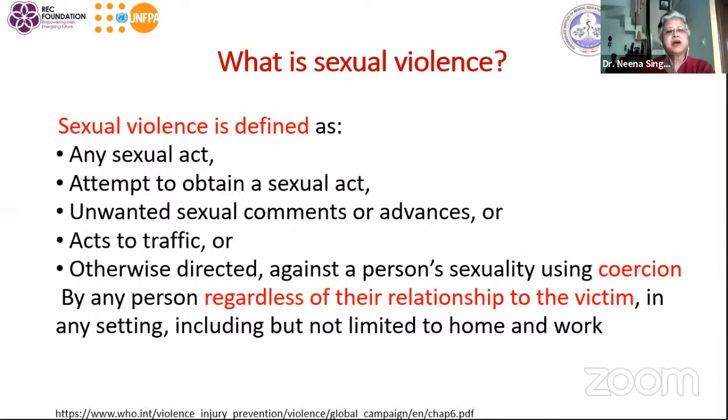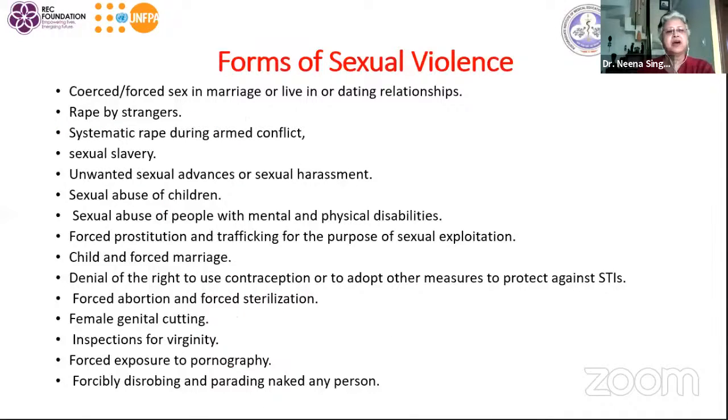So what are the various forms of sexual violence? This was just the definition. You'll be surprised to know there are so many forms designated as sexual violence, but people are not aware of them.